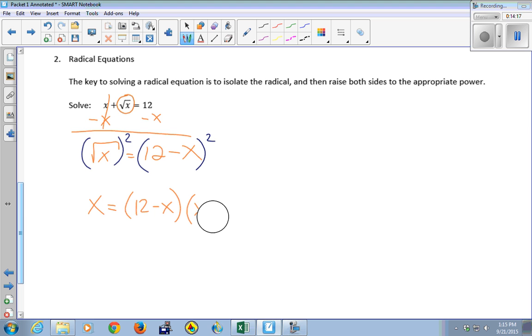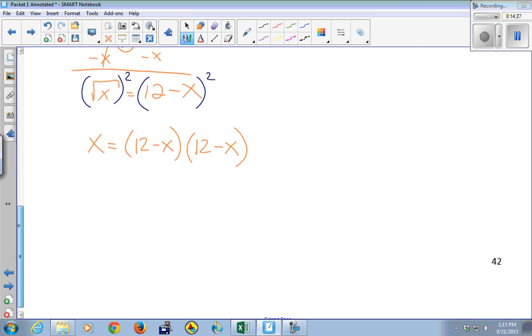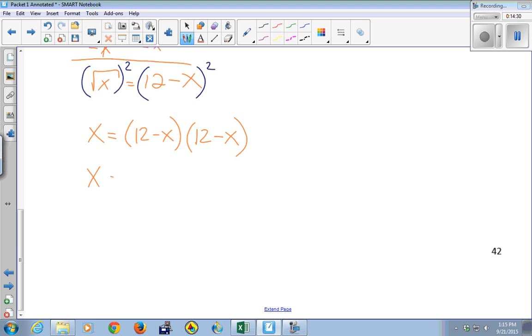And FOIL it out, right? It's very tempting to just write 144 plus x squared, but when you FOIL it out, you see that's not what you get. We get x equals 144 minus 12x minus 12x, which is minus 24x, plus x squared.